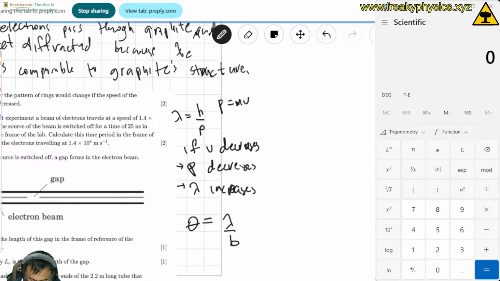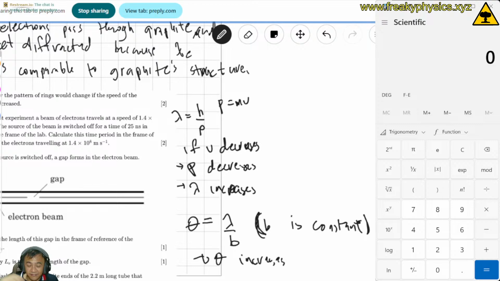In this case, because we didn't really change anything for the problem except the wavelength, we assume that b is constant. If we can assume this, then if lambda increases, that means theta increases.